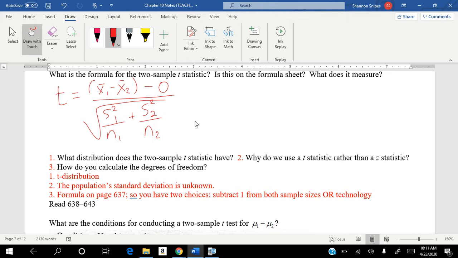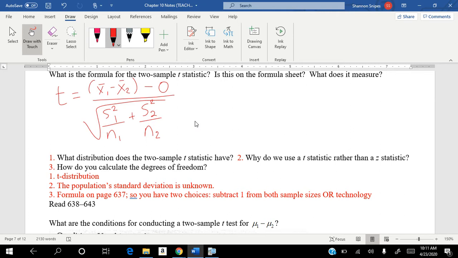And how do you calculate degrees of freedom? So if you have your book and want to turn to page 637, at the very bottom of page 637 is the gross and messy formula for finding the degrees of freedom. You will not be provided this formula because it's just gross. So we're going to have two choices for how to calculate your degrees of freedom.